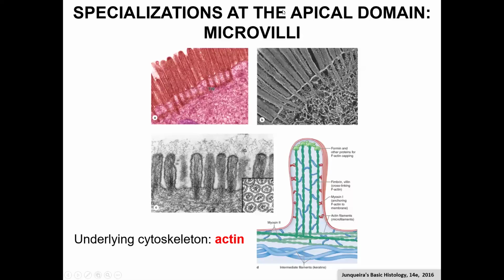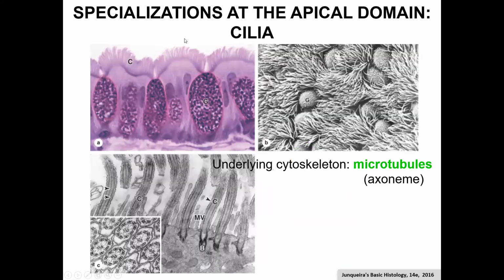A few words about the specializations at the apical domain. I mentioned the microvilli that are projections of the apical plasma membrane into a lumen. The lumen would be the interior of the small intestine, and they contain actin as a cytoskeletal structure, and their role is to increase the absorptive surface.